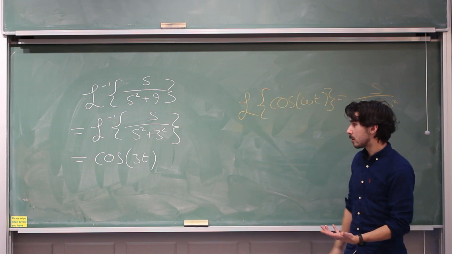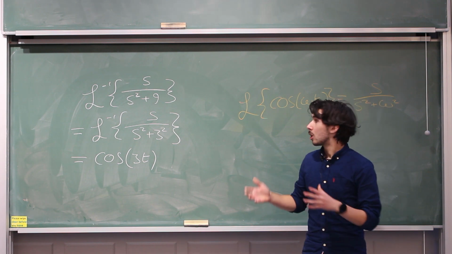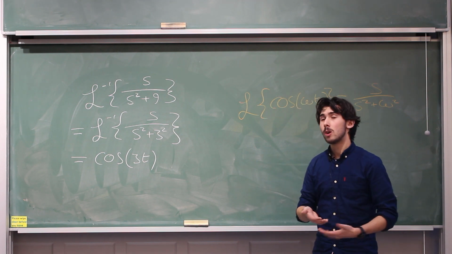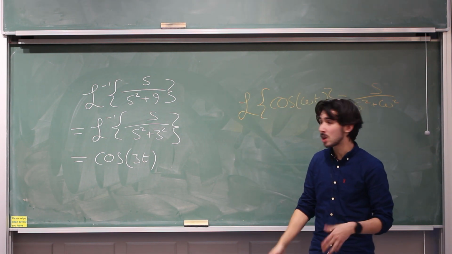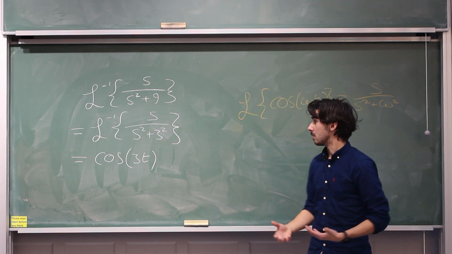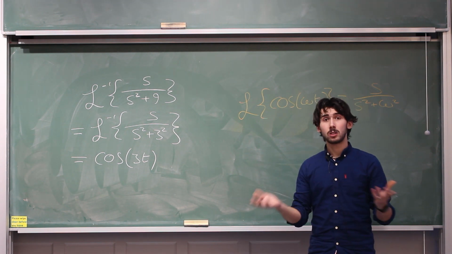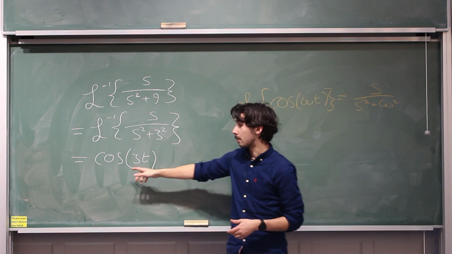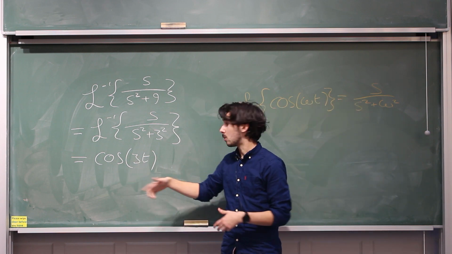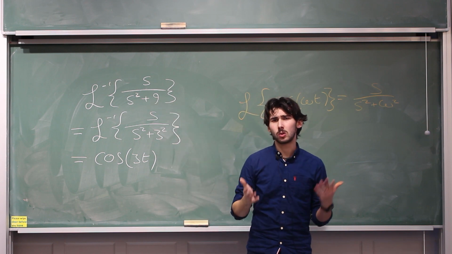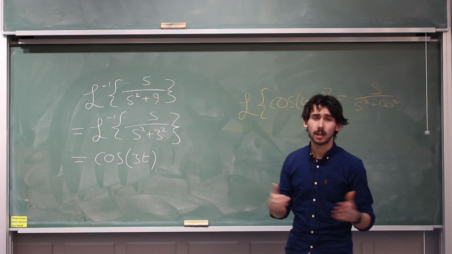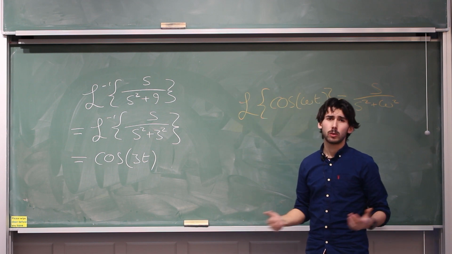But really, all you have to do for an inverse Laplace transform is go on your table, look at things that your inverse Laplace transform resembles, see if you can do some sort of manipulation, and you'll end up with it. And always, you can check your answer by then taking the Laplace transform of cos 3t or whatever it ends up being, and see if you get back to this. So all you're doing is inversing your Laplace transform, and that's really all there is to it.